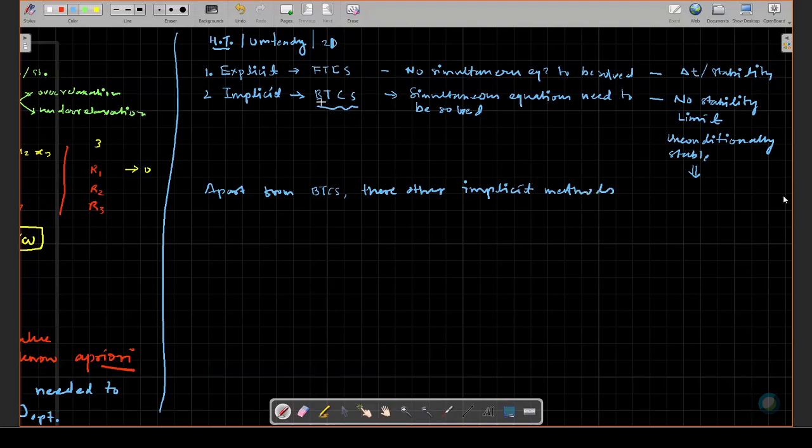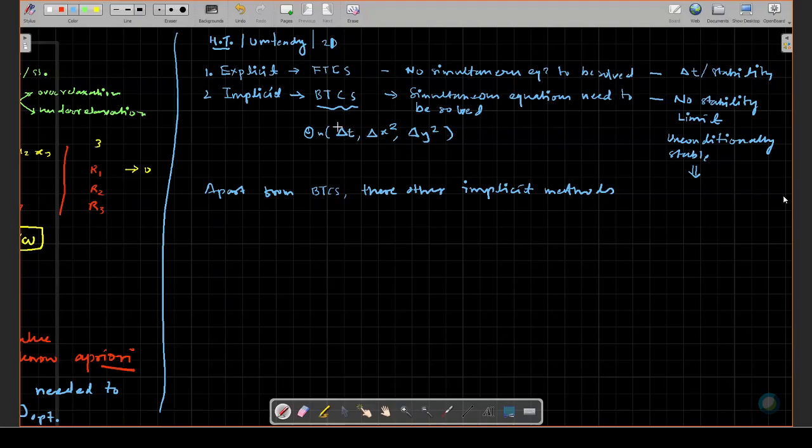Now, if I ask you a question, what was the order of accuracy of this BTCS scheme? If you remember, it was delta t and delta x square for 1D problem, delta x, y square for 2D problem, and 3D delta x, y, z square.